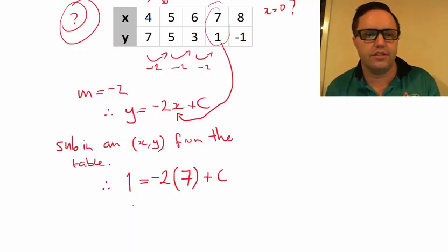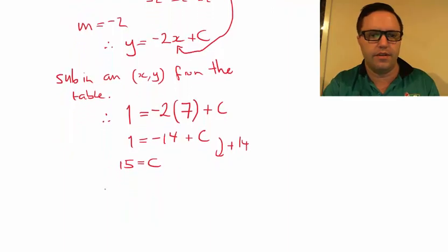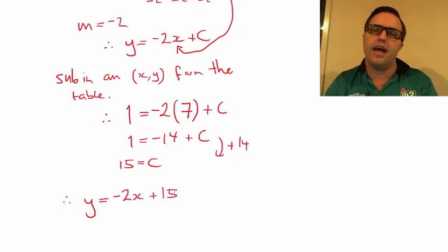And all we need to do is solve this. So we've got 1 equals negative 14 plus c. And then we're going to add 14 to both sides and get 15 equals c. So now we know, therefore, we have y equals negative 2x plus 15. Okay, and that's how we find it when we don't have that x equals 0 on there.